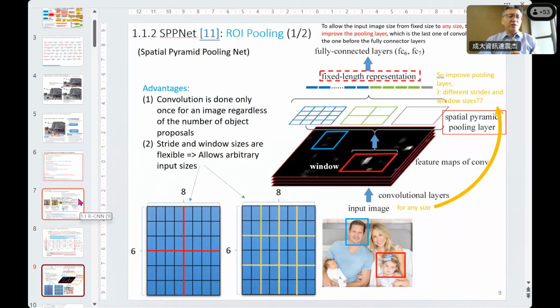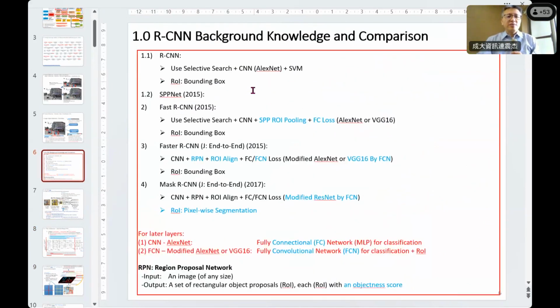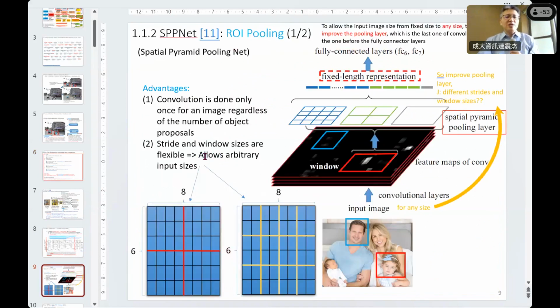The second point is that we want to normalize here. Before we input to the SVM, we want to normalize the result to be the same size. So here they introduced what we call spatial pyramid pooling. What is this? This is important even today, and right now people modify this into ASPP or SPP.